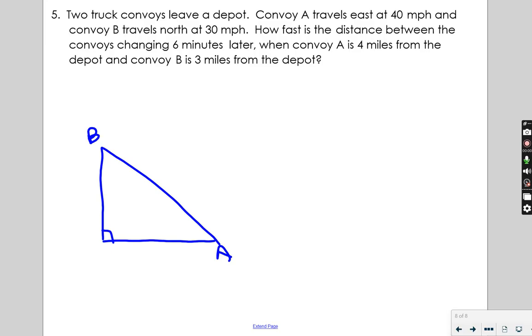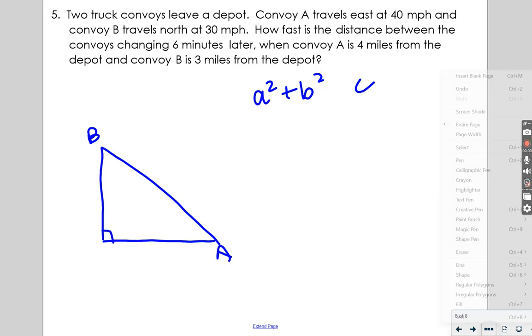What equation did you use for this one? A diagram relating the sides: a squared plus b squared equals c squared. Is anything staying the same on this problem?